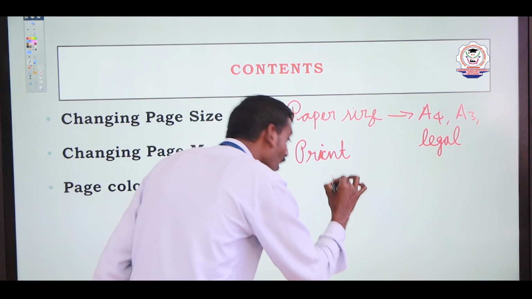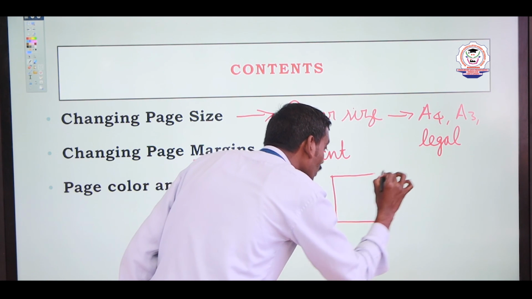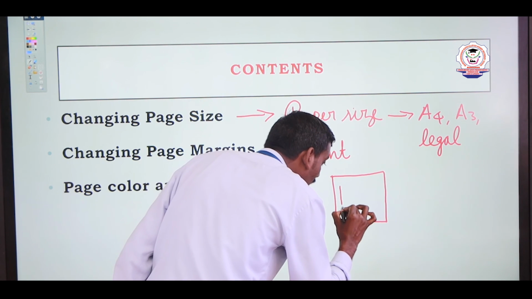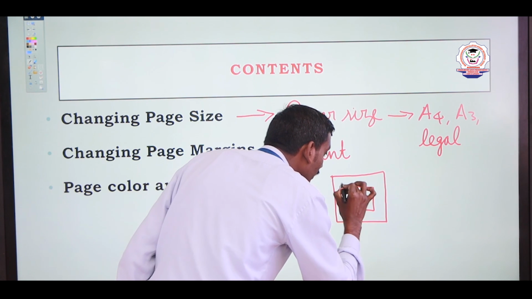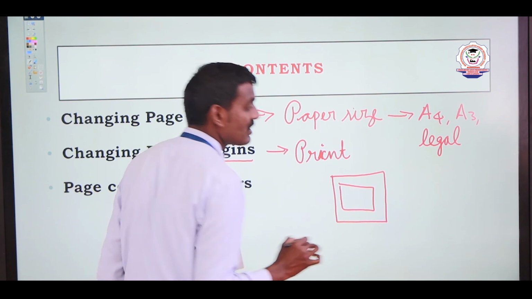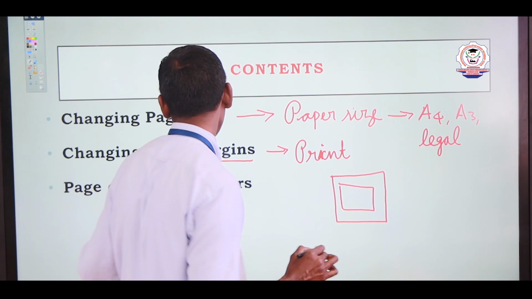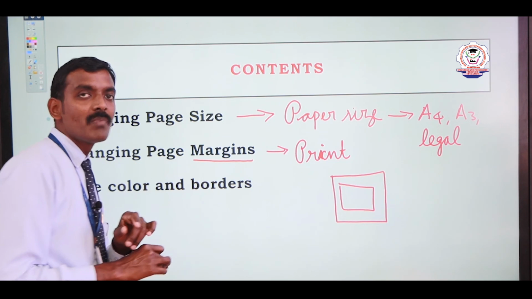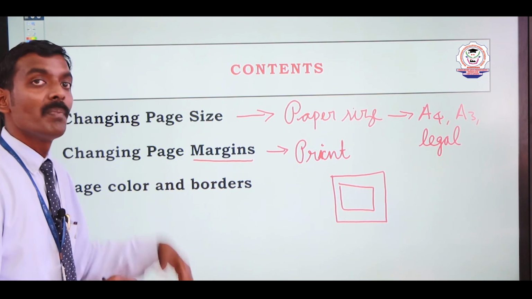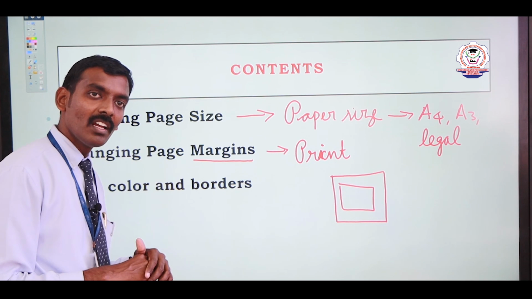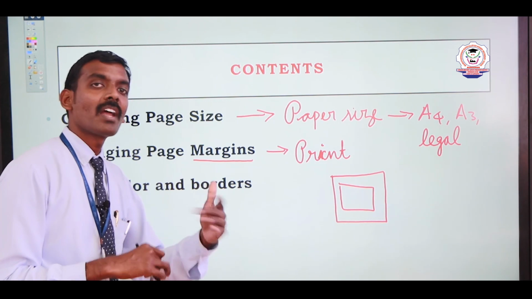For example, in a box, in this paper here, this is a margin. This margin is referred to as a printing area. And page color and page border. We want to change the page color and page border also. This can be explained practically.